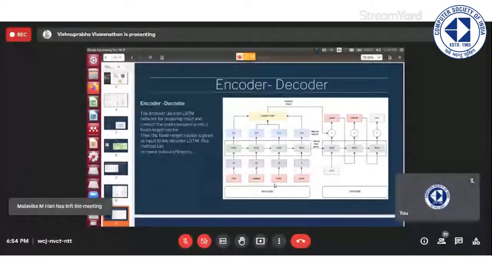Here I'm using an Amazon review: "Nice charger, works great." That is given as input to the encoder, and the encoder will create a sentence vector. On the decoder side, this sentence vector, along with an internal state vector and a single start word, is given as input.